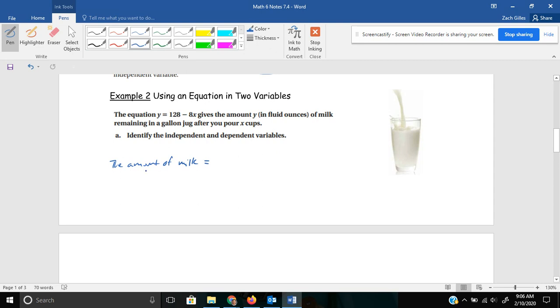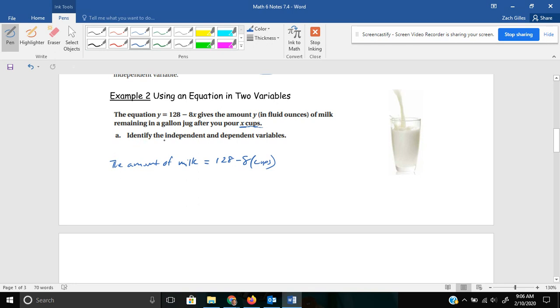So the amount is equal to 128 minus 8 times the number of cups that you pour. x represents the number of cups. So again, I just substituted these words for that variable.